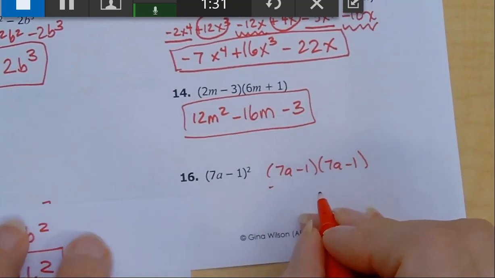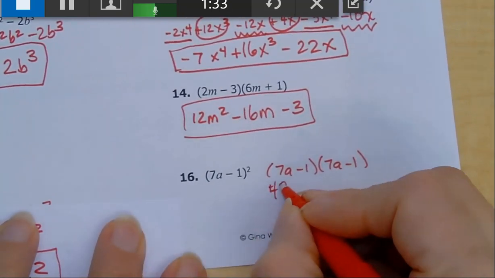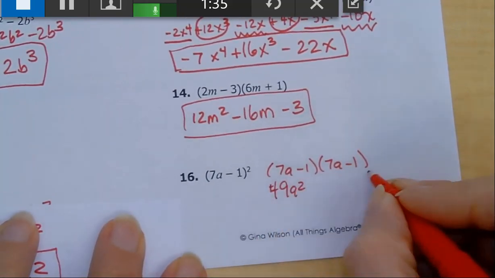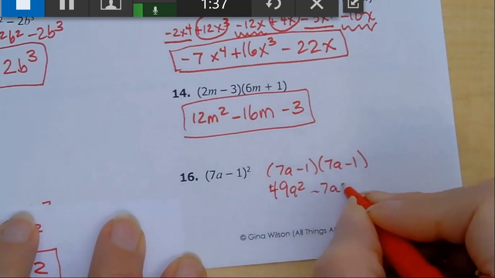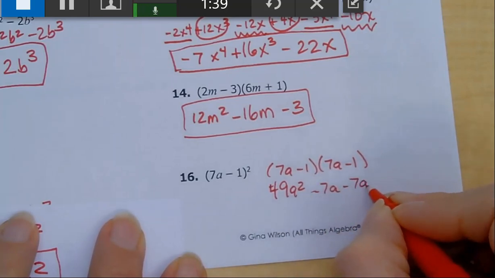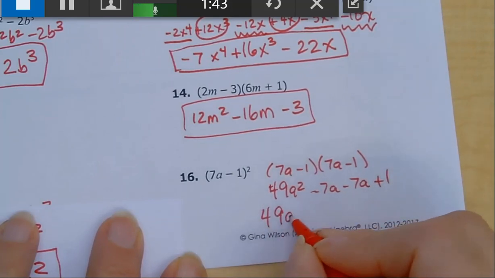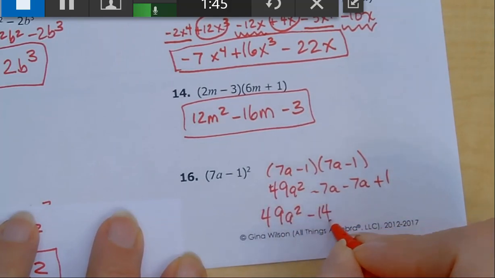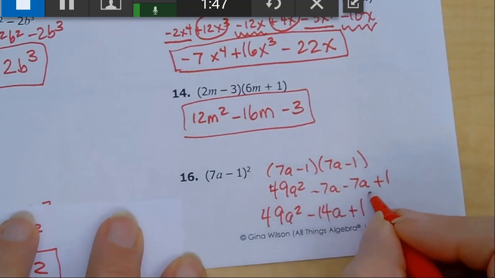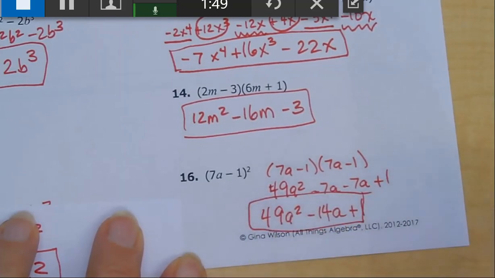Whoops, sorry, I can't hold my paper. 49a squared. Outer is going to be negative 7a. Inner is going to be negative 7a. And last is plus 1. So I have 49a squared minus 14a plus 1. All right, that is my answer for that, 49a squared minus 14a plus 1.